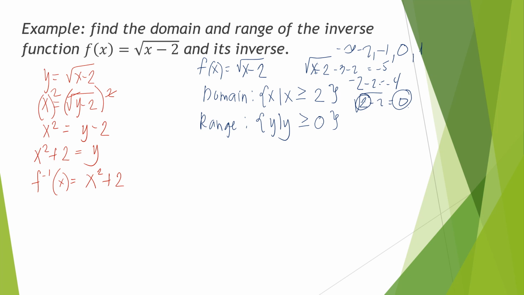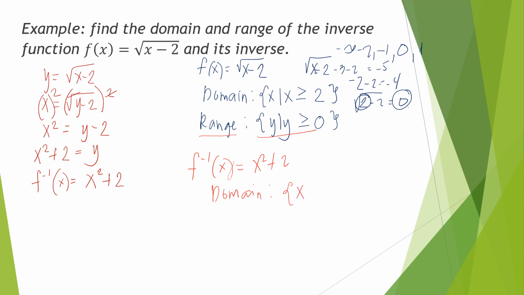For the inverse naman, which is f raised to negative 1 of x is equal to x squared plus 2. For the domain, its domain is our range, the range of the original. Since we are talking about domain, we use x.